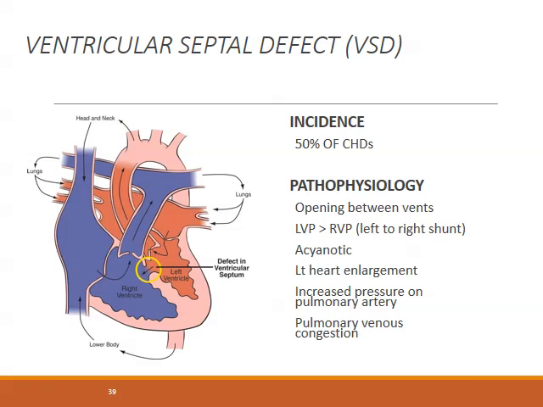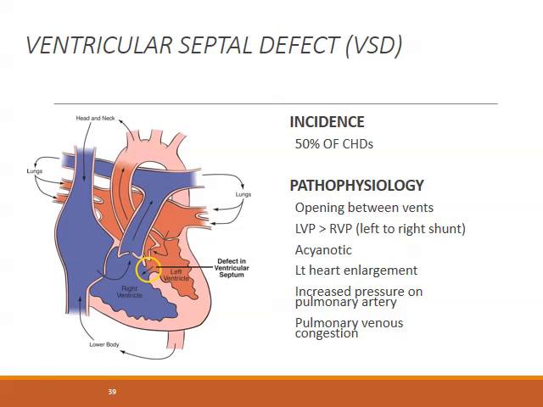Now we're going to talk about a ventricular septal defect. Incidence is about 50% of congenital heart defects are going to be ventricular in nature. It's going to be an opening between the ventricles, so left ventricle and right ventricle, so left to right shunt.